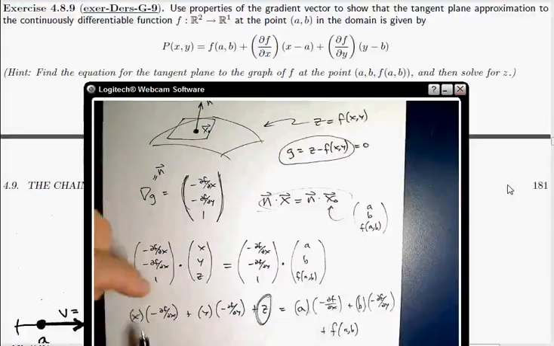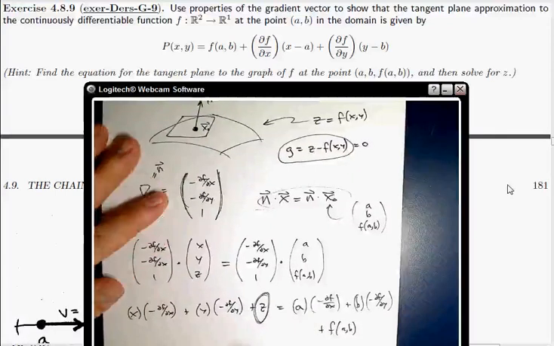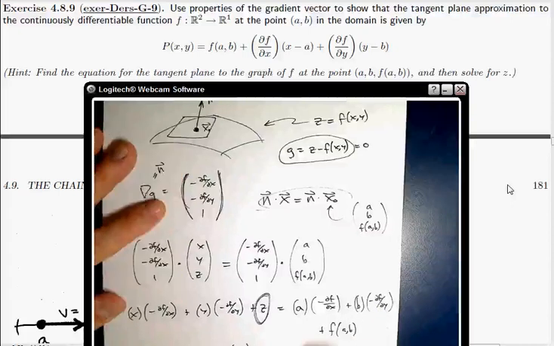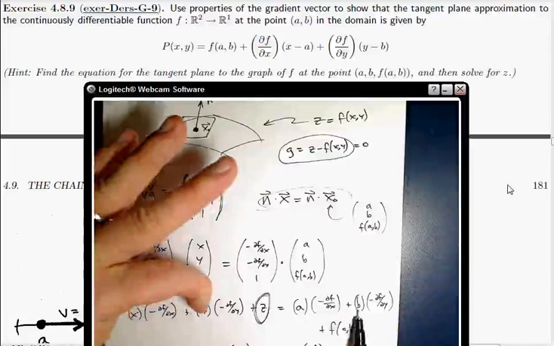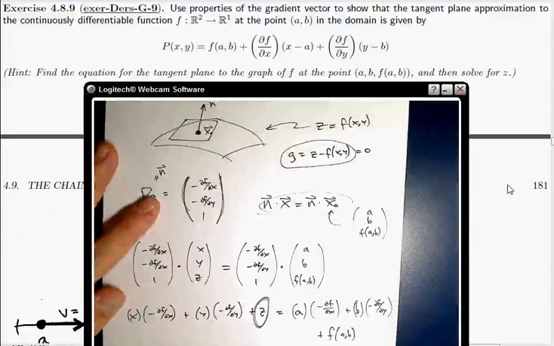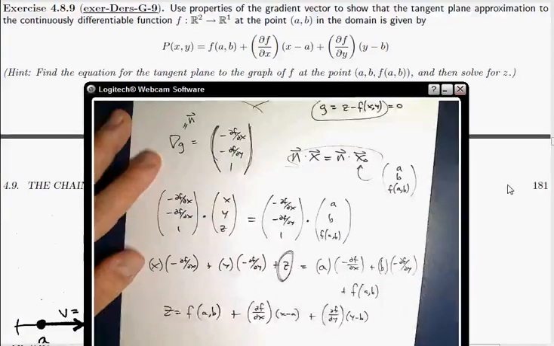The other side, you toss over to the right-hand side, and what you get is partial of f with respect to x times x minus a. Partial of f with respect to y, same kind of deal. It gets multiplied by both y and b. Again, this goes over the other side, the minus sign goes away, and you get times y minus b.